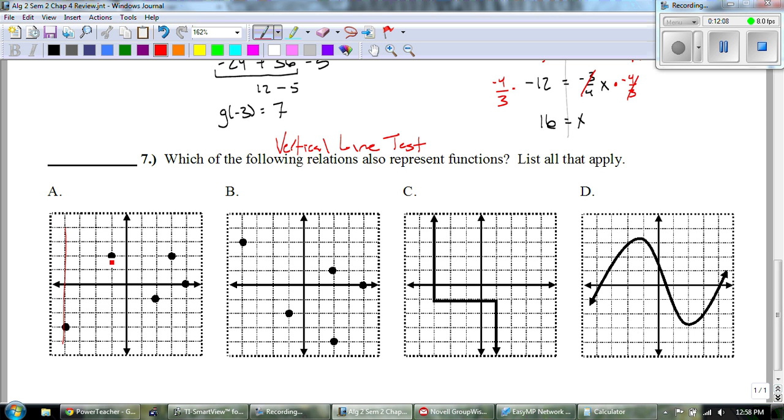So if you just start going through and drawing lines for every point, well, guess what? That passes the vertical line test, so that's good, okay? We're good, we're good. Ooh, what happens there? So right here, there are 2 points on top of each other, so that doesn't work.